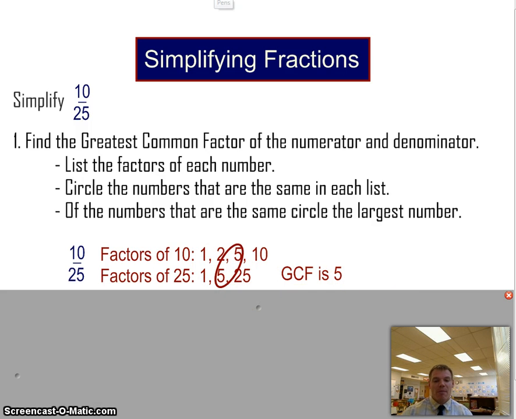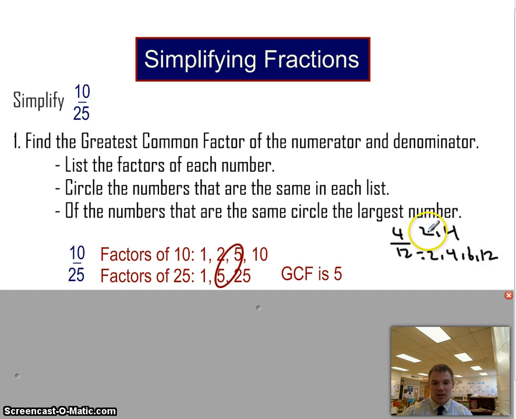One thing that might happen, this is different. If we have a fraction, for example, that is 4/12ths. If we find the common factors, 2 and 4 are going to be common factors. For 4 it'll be 1, 2, and 4, and for 12, it'll be 1, 2, 3, 4, 6, and then 12.